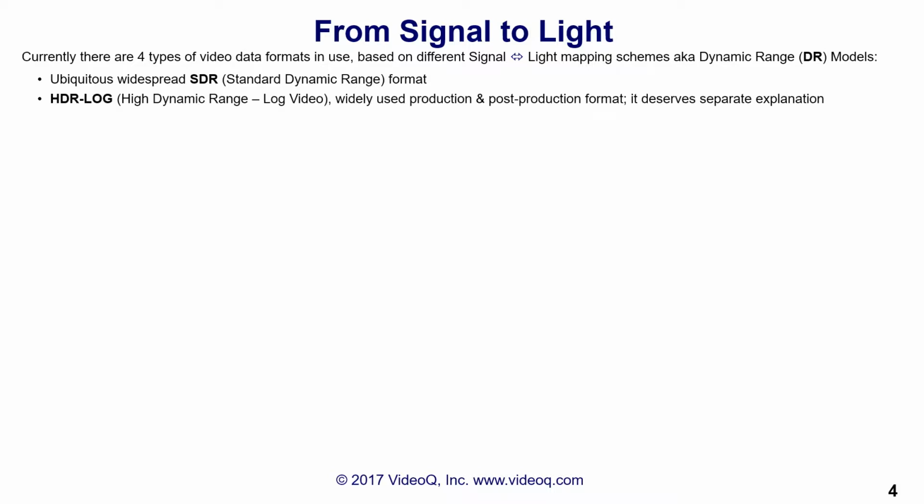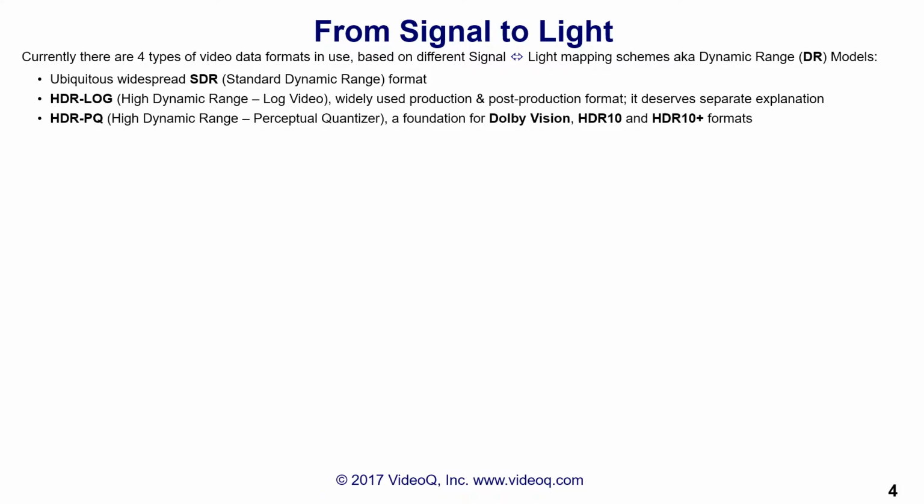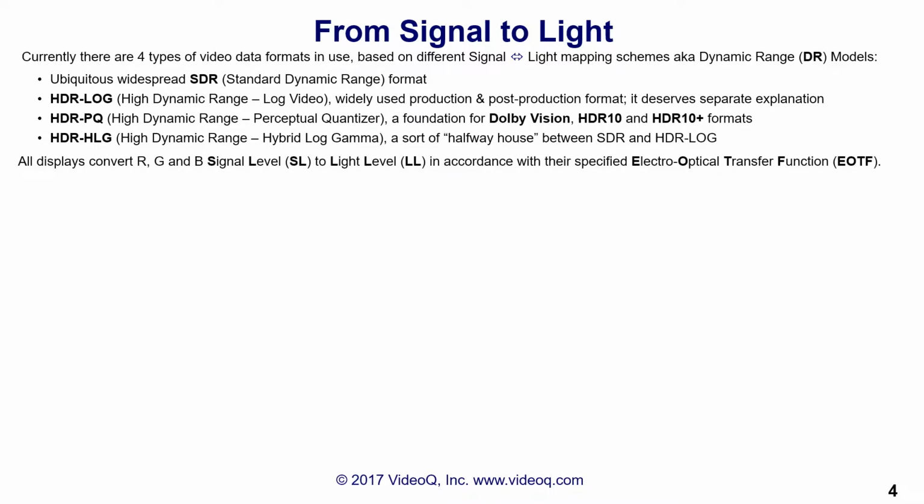Today we have at least 4 different video formats based on different signal-to-light mapping schemes called dynamic range models. There's the traditional standard dynamic range model, or SDR, in which only relative brightness is important. There's the widely used log camera format, which is used only in production and post-production, and it deserves a separate explanation.